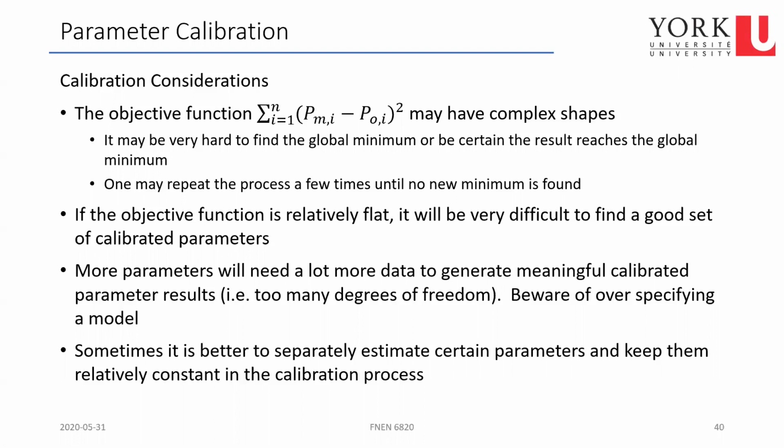So there are pros and cons of using a more complex model. Sometimes a more complex model will give you more features and something more pleasing, handling a structure that's more consistent with the market observation. But on the other hand, a more complex model may be much more difficult to implement and to calibrate parameters. And if that is not done well, then the complex models may not actually give you more accurate option prices.